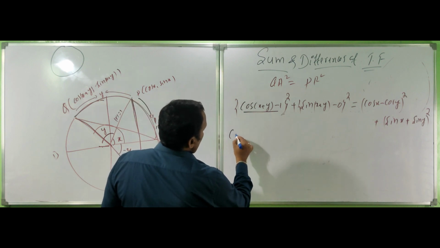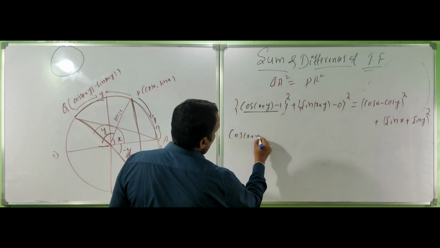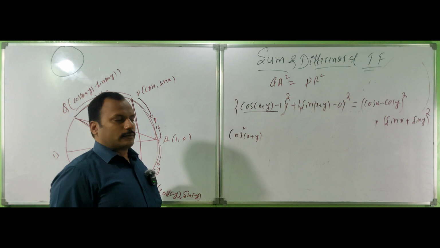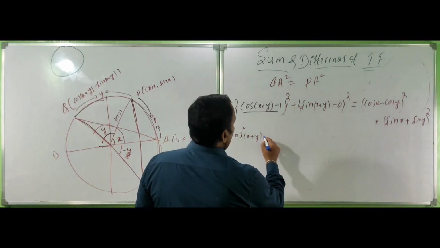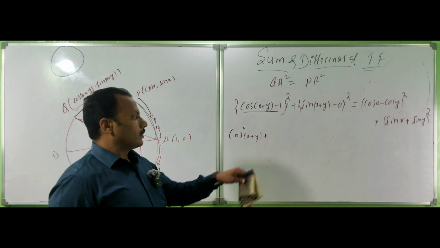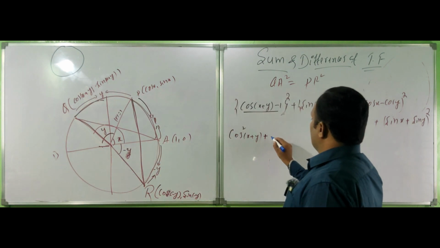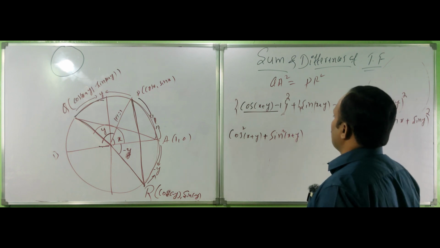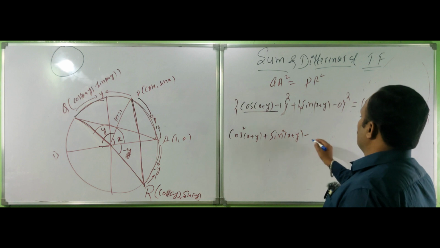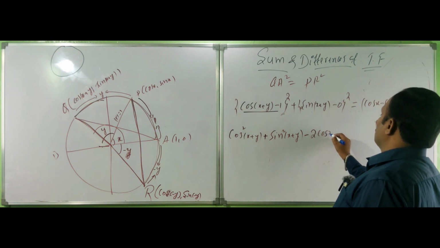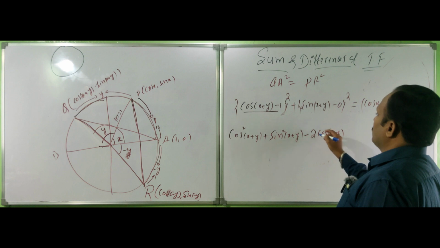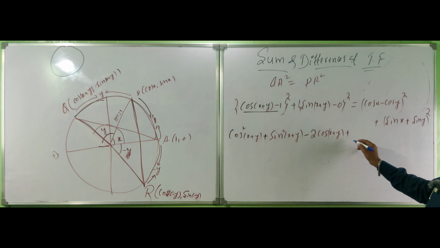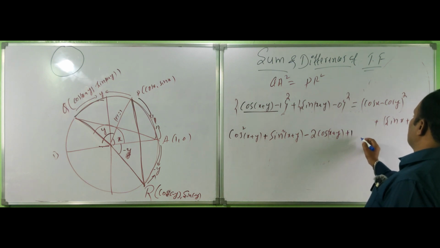So what I am getting here: cos square of x plus y plus sin square of x plus y, that's 1, minus 2 cos of x plus y, plus 1. Again, this I have to expand. This expansion gives.